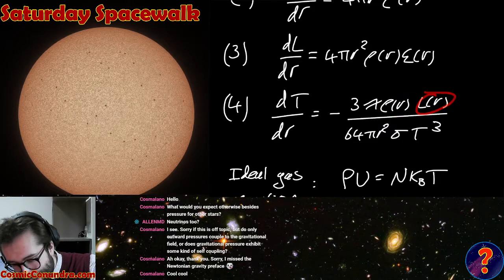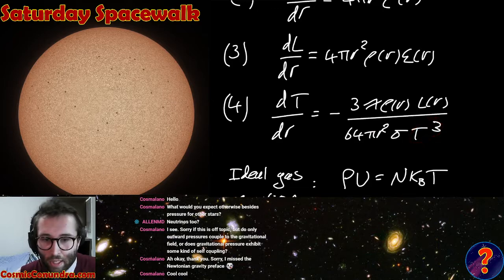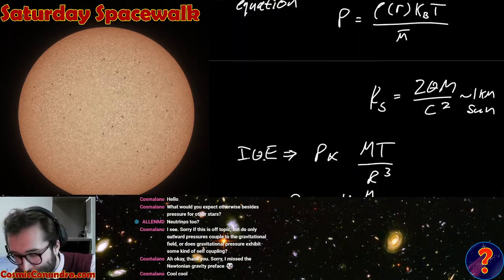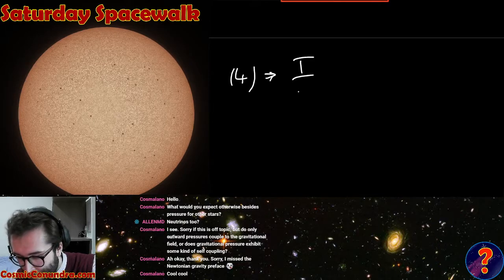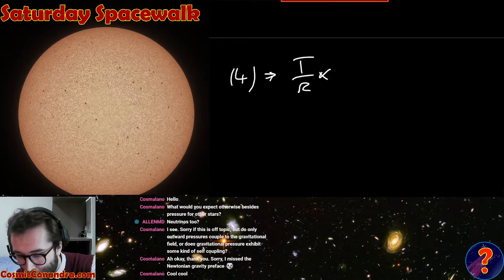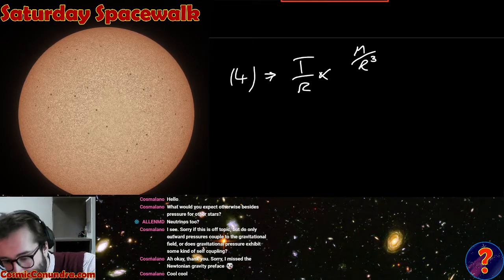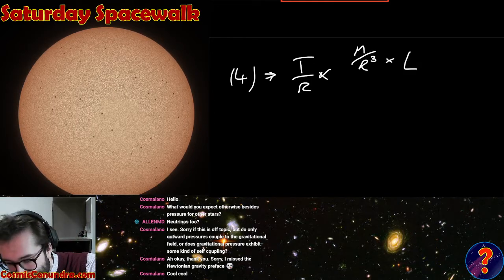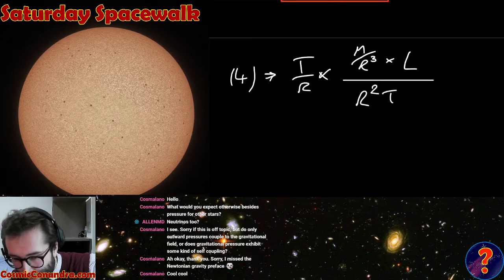Then we have the L, we have an r squared here, and we have a T cubed up here. Okay, so putting that all together, we have T over R is proportional to the density term, which is a mass over radius cubed, times the luminosity, times radius squared over T cubed.